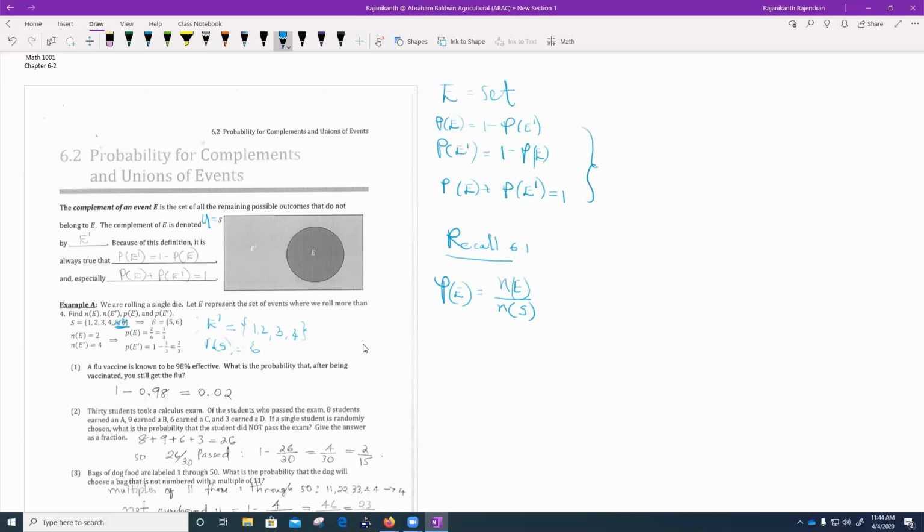In a similar way, the probability of event E prime you could find either by using this formula, or by using the complement formula. If you use this formula, the probability of E prime is given by 1 minus the probability of E. The probability of E is 1/3. Therefore, if you subtract 1/3 from 1, you will get the probability of event E prime. That is 2/3.